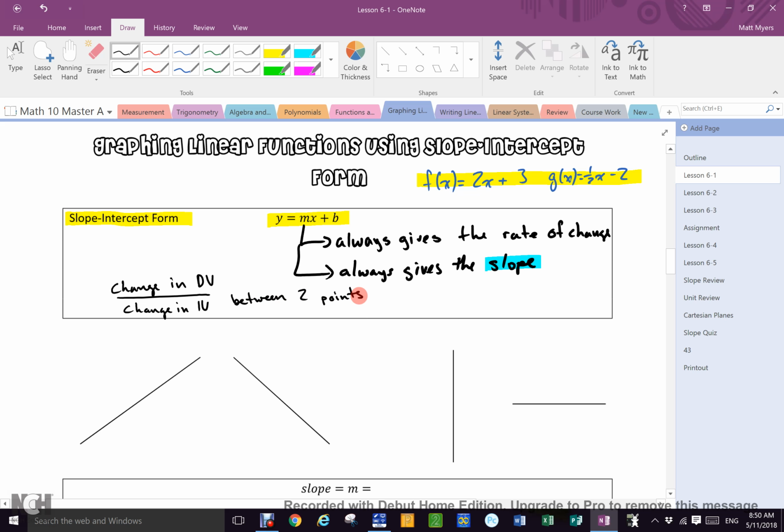Now, if we're doing distance and time, it's IV, DV, right? But here we're using x's and y's. So it's also the change in, I'm going to use this triangle symbol because that means change. Change in y over change in x between any 2 points. And I'm going to show you what I mean right now. Is everybody cool with slope for the moment? Yeah. Yep. We're going to do this in like 1 second, okay?